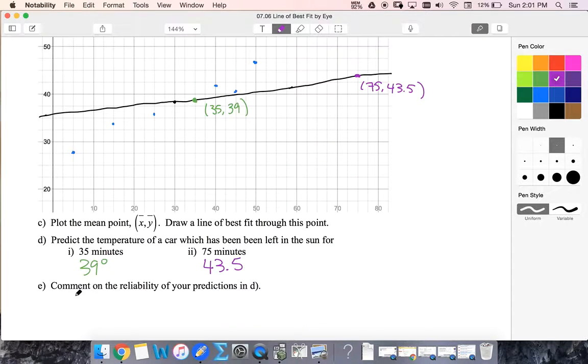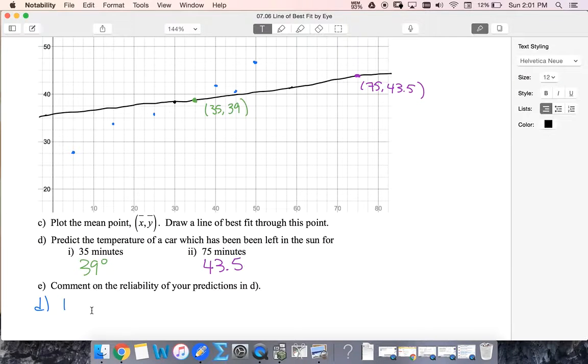And now the reliability of our prediction. So the prediction for, and I'm going to type this because I go faster if I'm typing. All right, so the prediction for 35 minutes is reliable because it's a value within the data set.